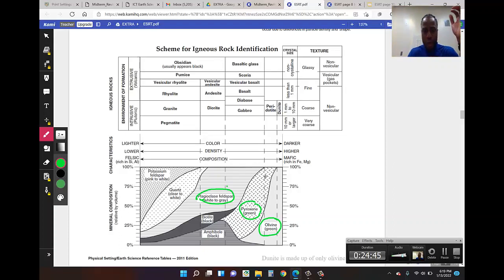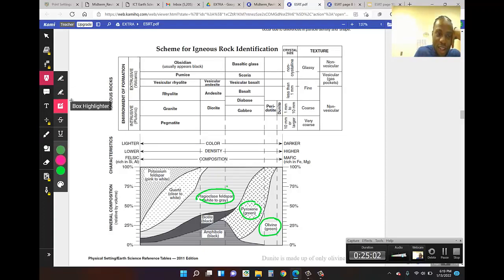Good. So since it's all these guys together, it has to be one of these. Let me pick up my markup, I think that would help here. Or should I say the text highlighter? Box highlighter. Yeah.